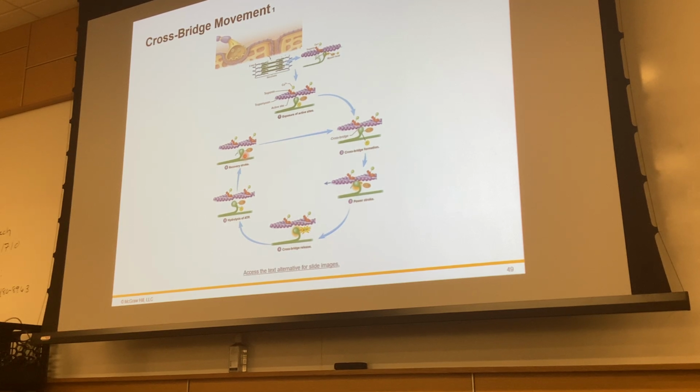When new ATP is present, then comes the recovery stroke. So in this case, I grabbed the actin, I pulled, then I let go, the ADP and inorganic phosphate drop off, and a new ATP gets on there, and then I can get ready to pull again. It's only when the ATP is present and the active site is exposed that I can pull.